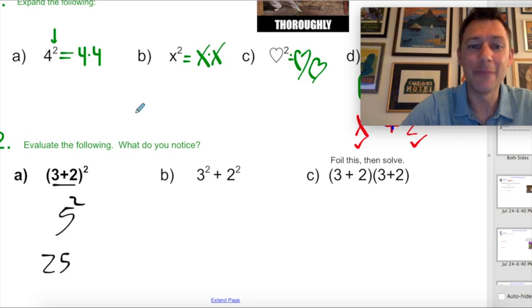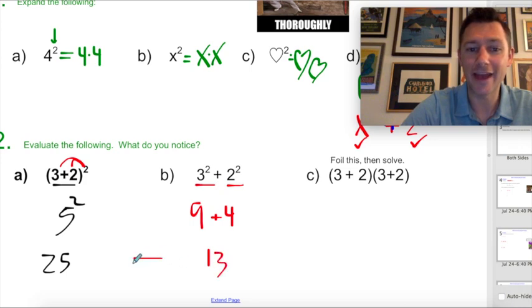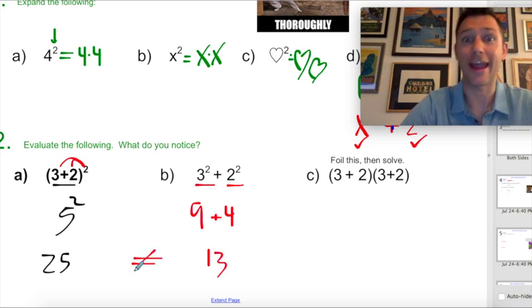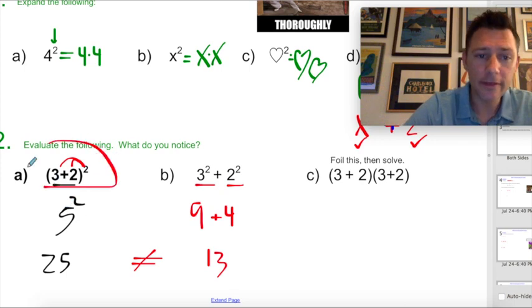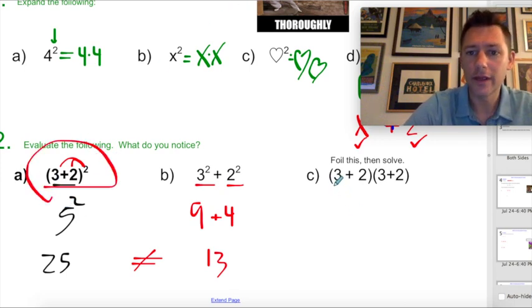If you make the grave mistake of dropping this into here and getting this and this, when you evaluate, this is 9 and this is 4 and that's 13, and that's not equal to 25. Whack. So to get this to work, what you really need to do is say squared means it times itself, and then you multiply these in.